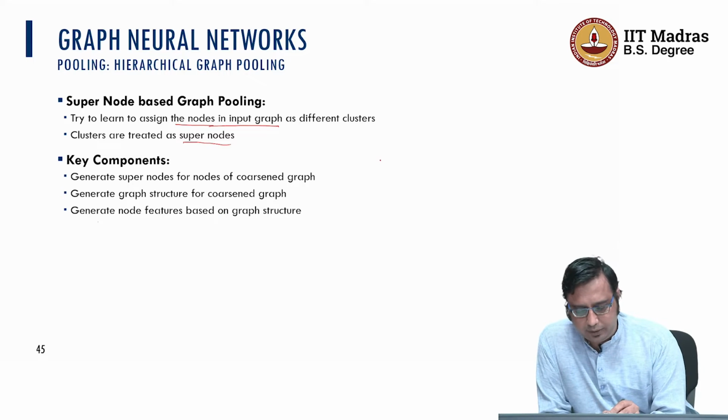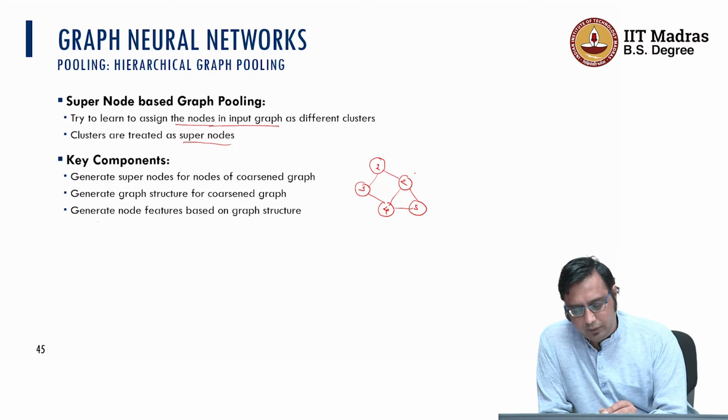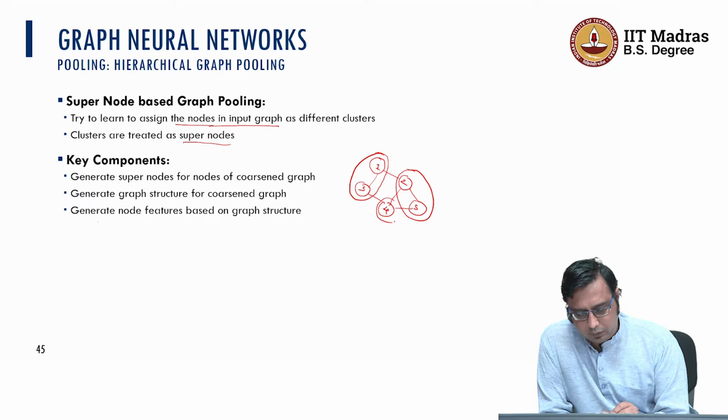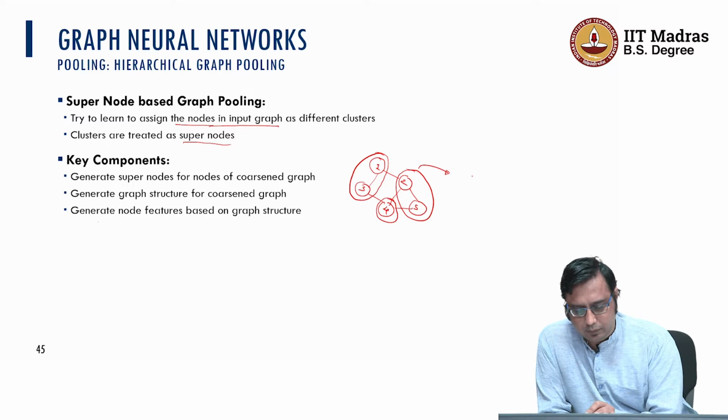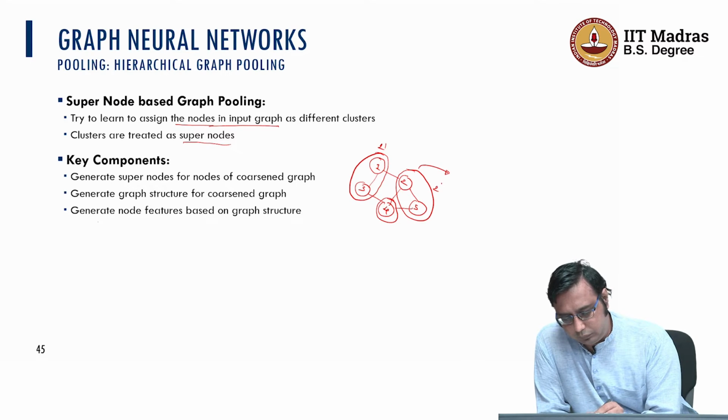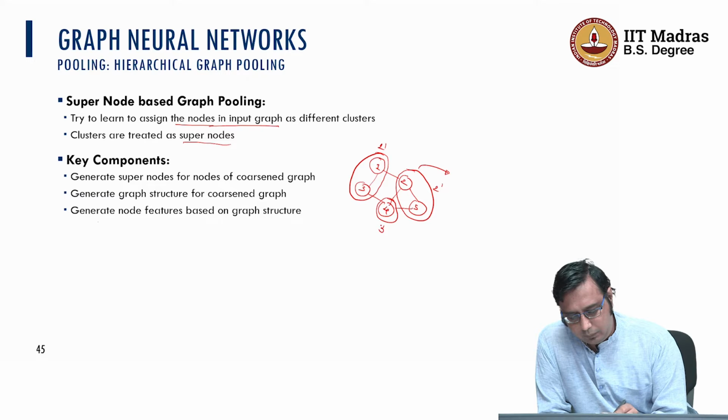For example, let's take an example of 5 nodes. And let's say we generated a cluster here. Then using this cluster, we can generate, let's say, 1', 2', and 4'.